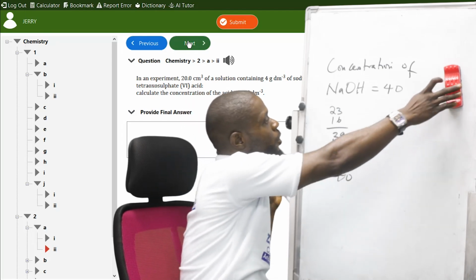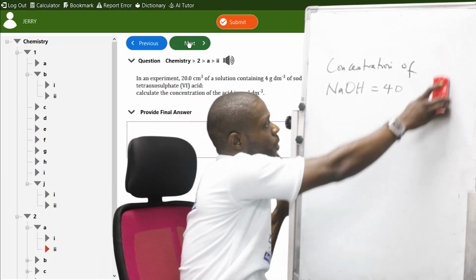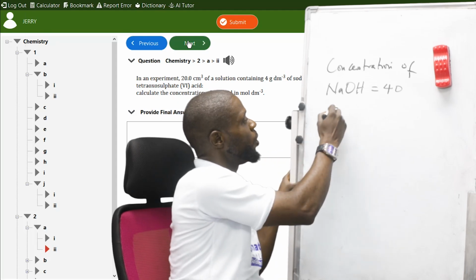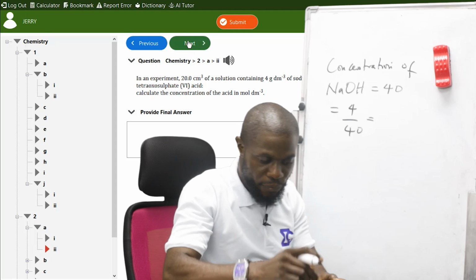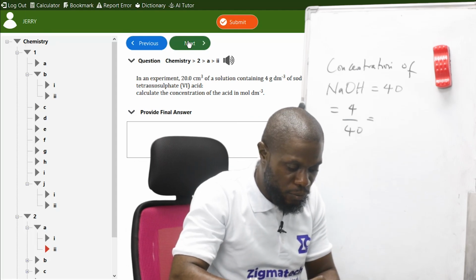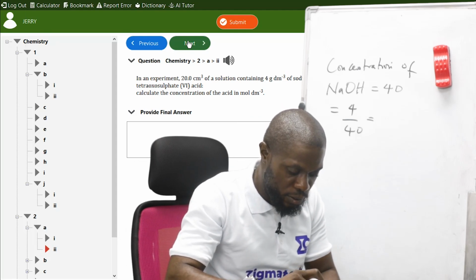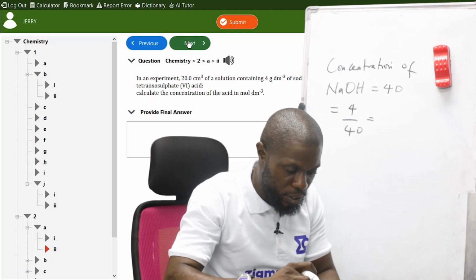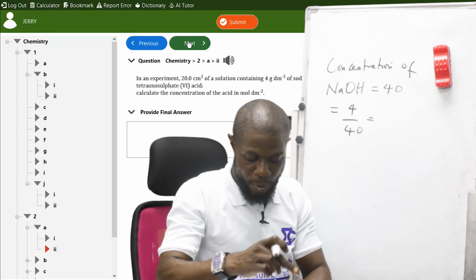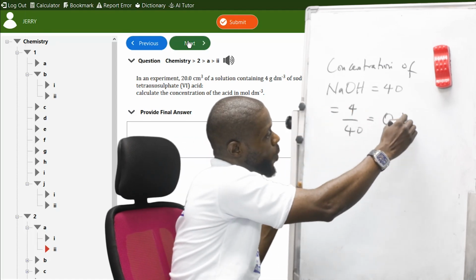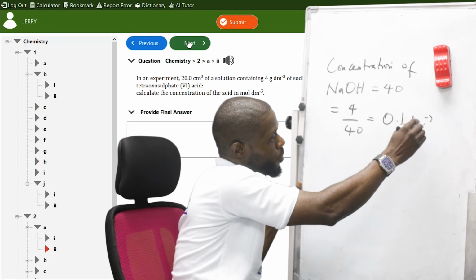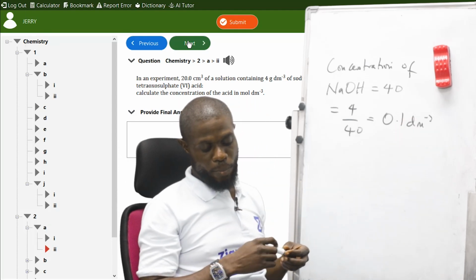So it's going to be 4 over 40. What does 4 divided by 40 give to us? It is 0.1 mol/dm³.